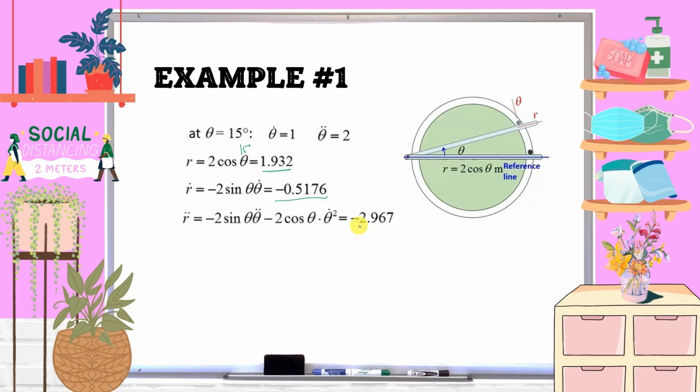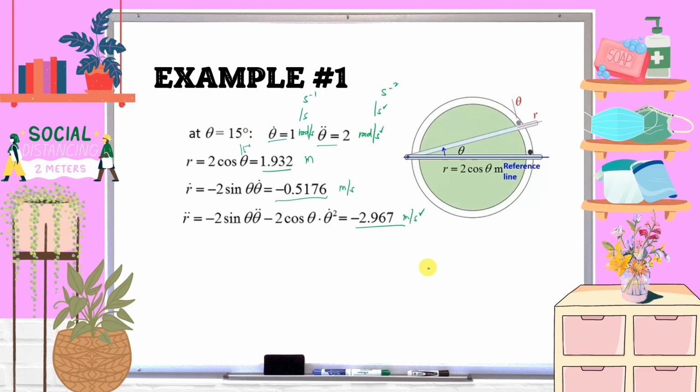Likewise for r double dot. Take note, this is meter, this will be meter per second, this will be meter per second squared, this is rad per second squared, sometimes written as s raised to negative 1, s raised to negative 2, for this representation of angular speed and angular acceleration.